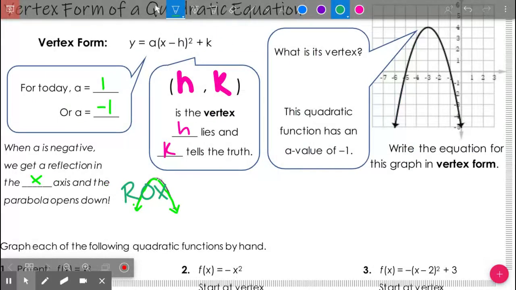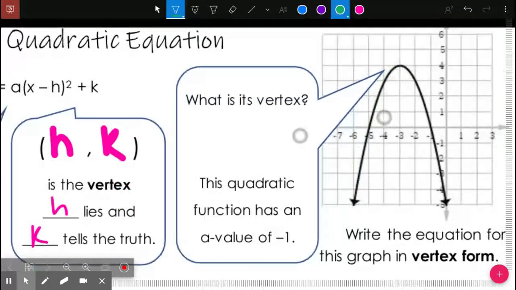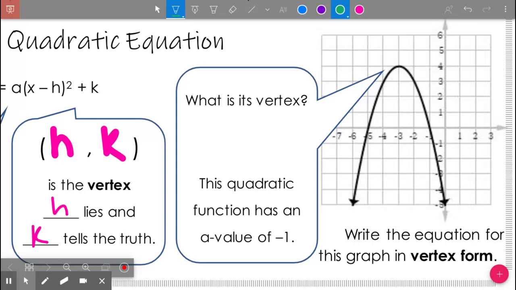Okay, so what we want to know is, what is this vertex up here? So this is the point -3, 4. And it's telling us that this quadratic function has an a value of -1. So I know that my a is -1. This was my h, this is my k.